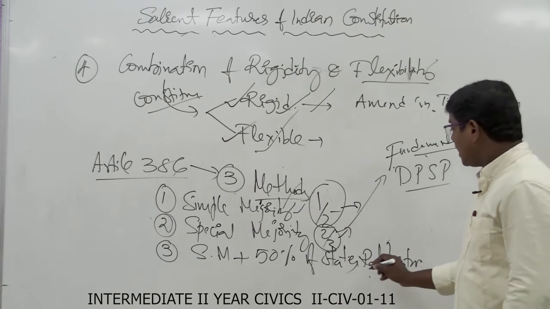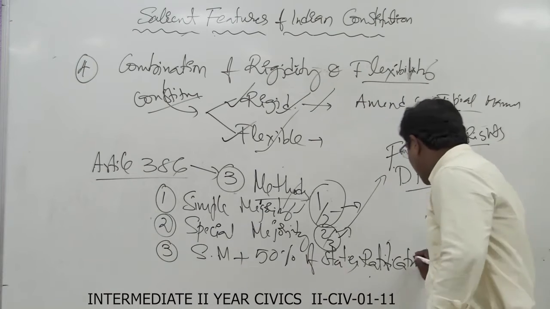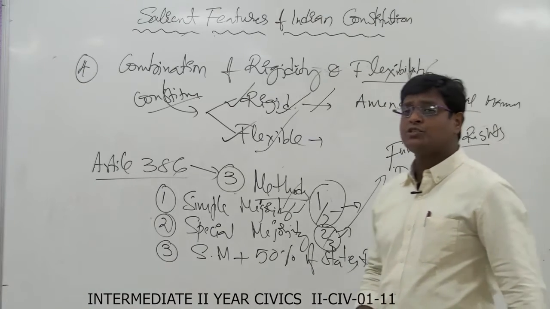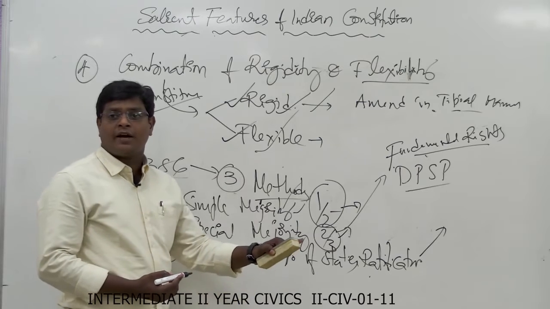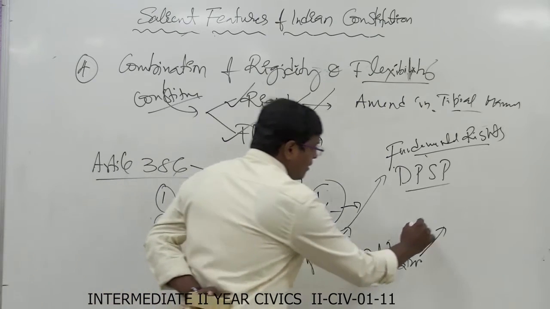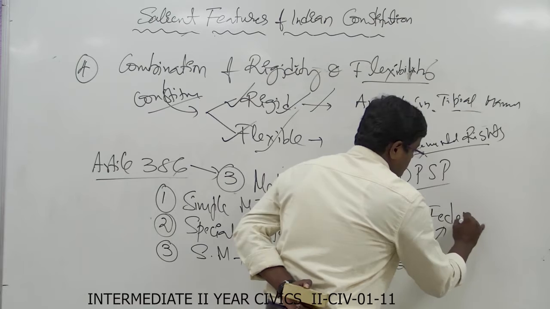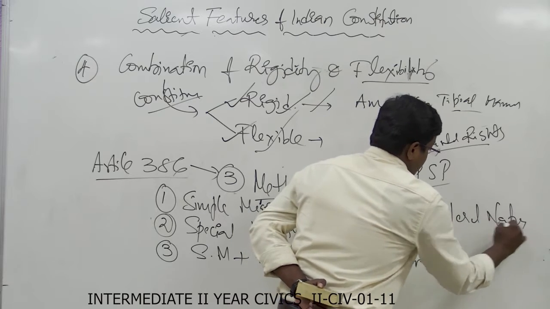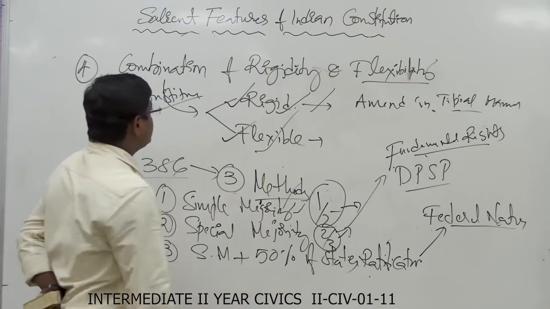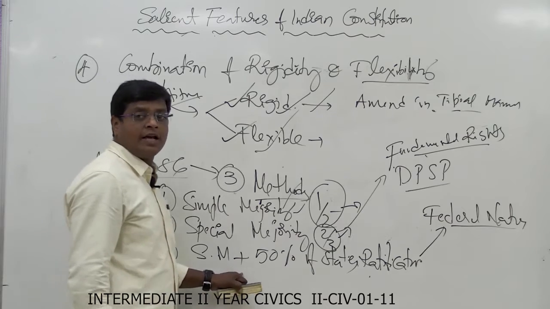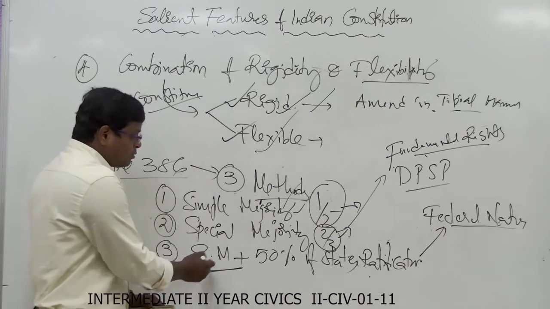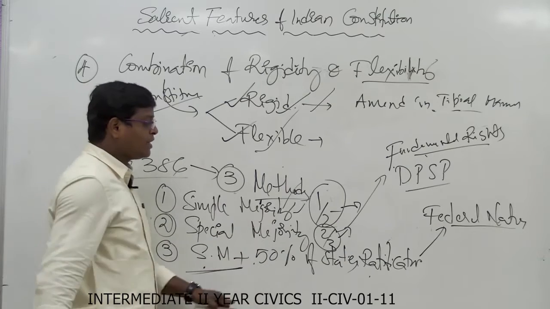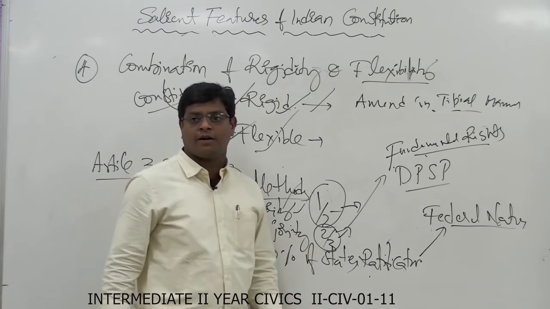Okay. So what about the third category of the amendment procedure? Here, the provisions regarding the federal nature come under a special requirement. That means special majority with 50% of states ratification.